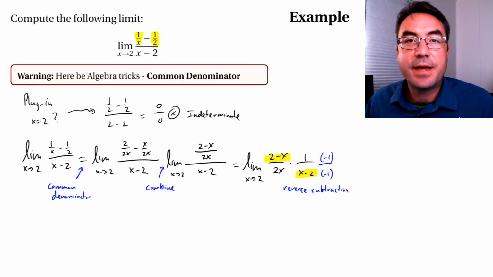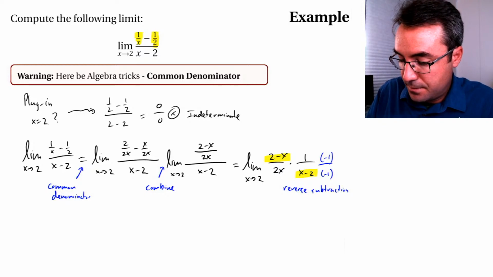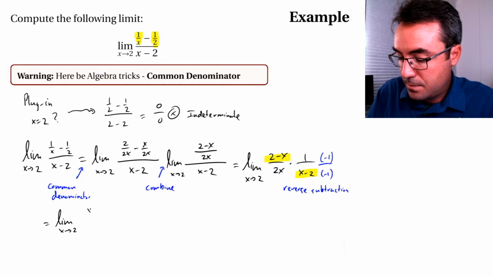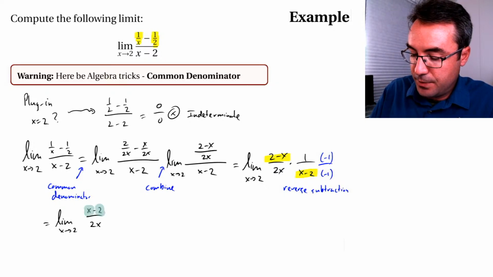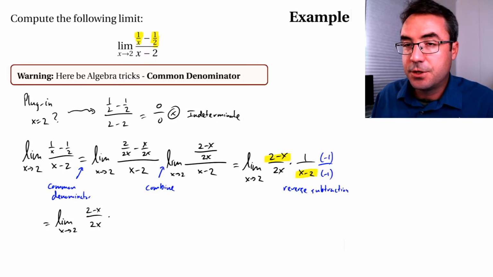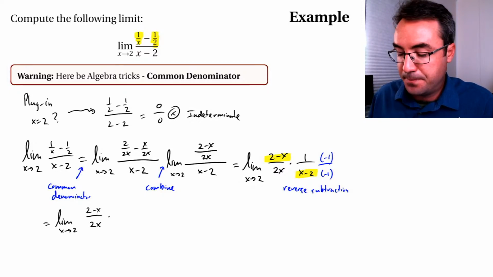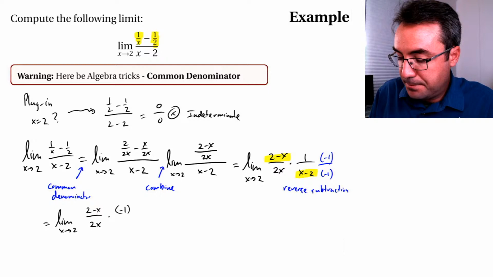So if we multiply that denominator term by -1, what do we get? The first fraction stays the same. Whoops, we're not going to do anything to that. So it's 2 minus x here. So we'll multiply by the -1s in that second fraction. So we'll get a -1 up top.